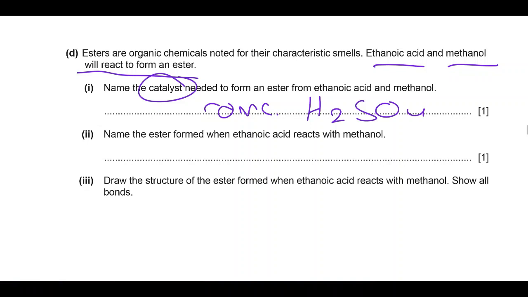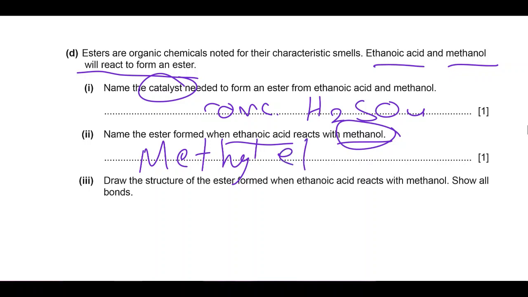And name the ester formed when ethanoic acid reacts with methanol. From methanol, you will have methyl. And from ethanoic acid, you will have ethanoate. So the name of the ester is methyl ethanoate.